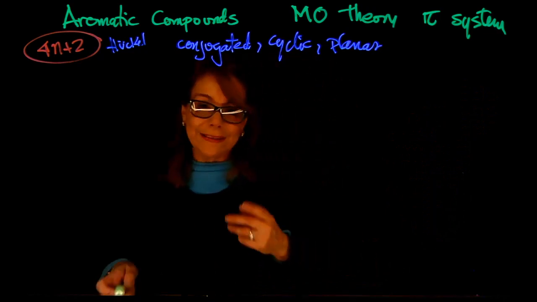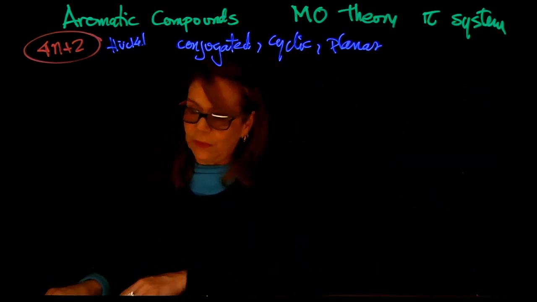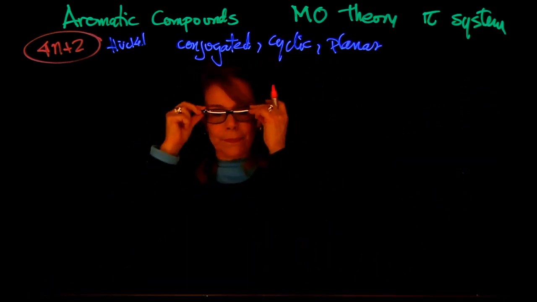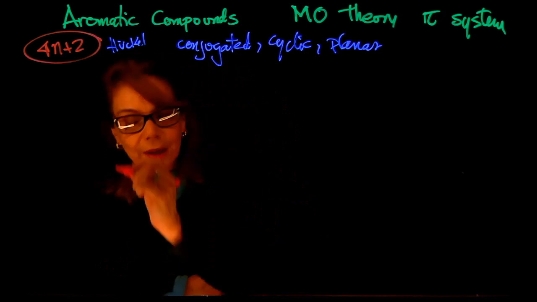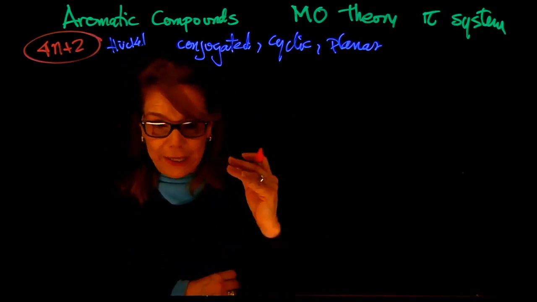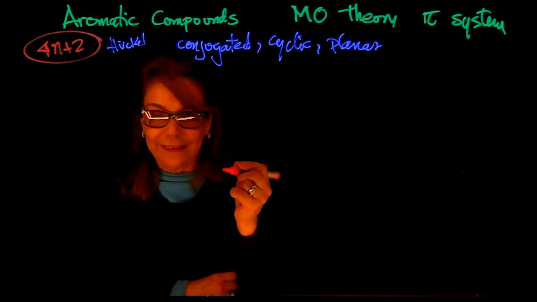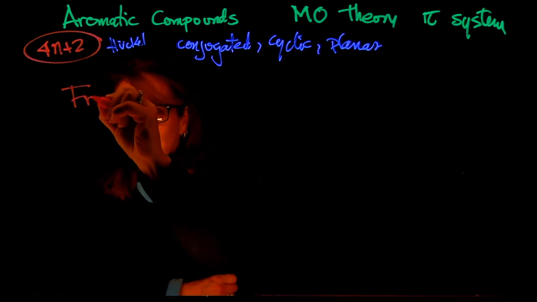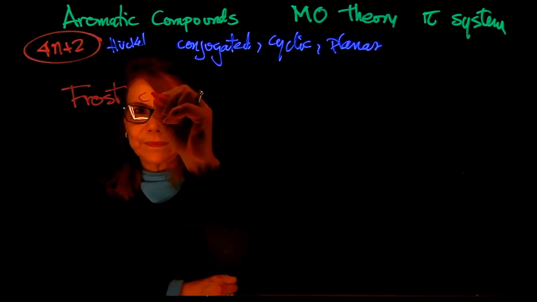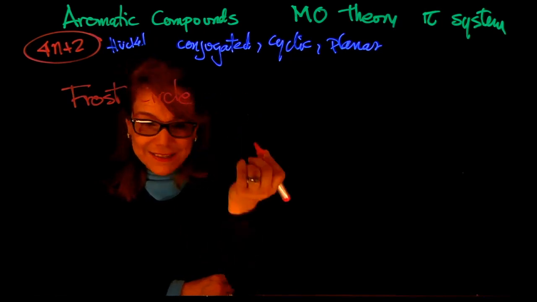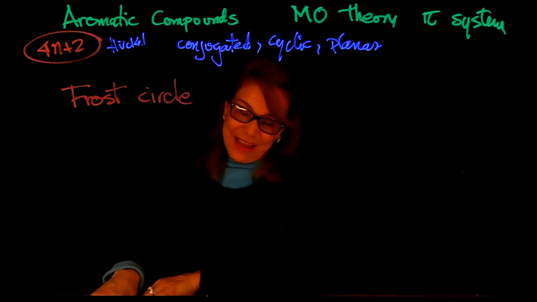But there is a tool to learn how to place the relative energies of those MOs. And this is the Frost circle. I'm going to try to draw that the best that I can.